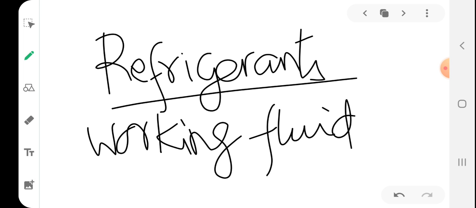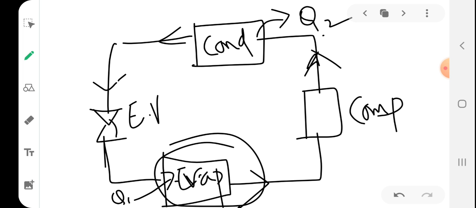So a refrigerant is the fluid for heat transfer in a refrigerating system that absorbs heat during evaporation from the region of low temperature and pressure, and releases heat during condensation to a region of higher temperature and pressure. Okay, so refrigerant is that working fluid.